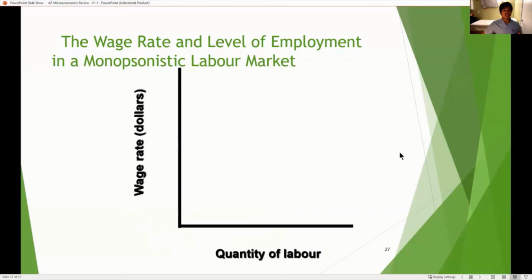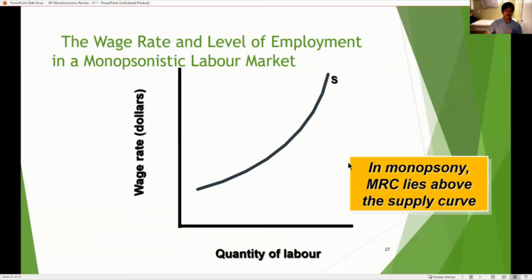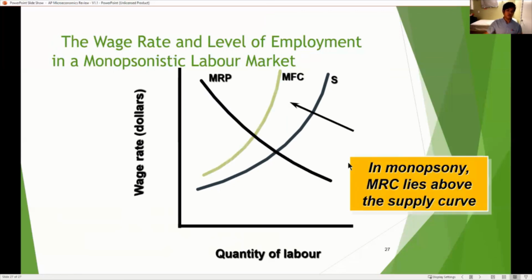The second market structure in the factor markets is the monopsony. I can never pronounce this. The monopsonistic labor market is very similar to a monopoly. They are the single firm that hires in this market. You can think of hospitals. They face their own supply curve and their own demand curve.